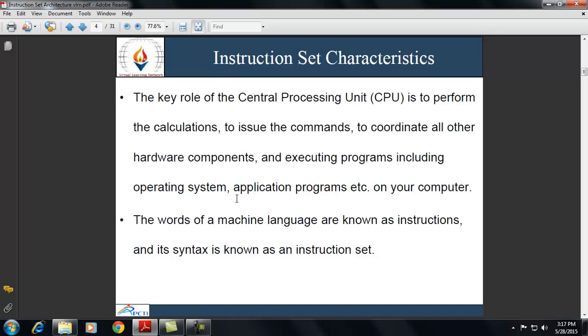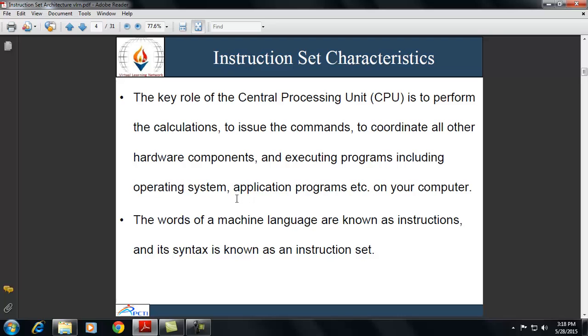If we talk about the central processing unit, we all know the work of the central processing unit is to perform the calculations, issue the commands, and coordinate all other hardware components and execute programs including the operating system and application programs on the computers.